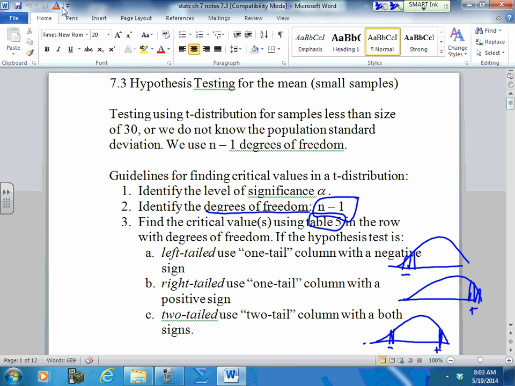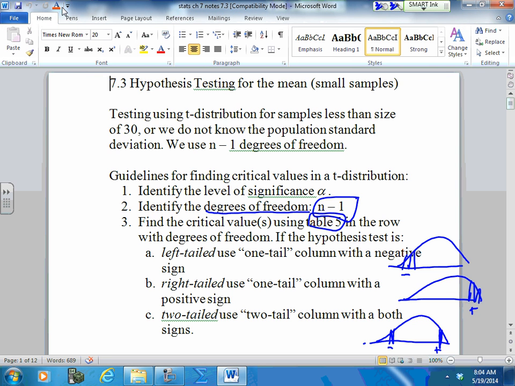Is it more often going to be a right tail test than a left tail? No, there's no more often, but the nice part about it is your table doesn't make you differentiate and divide anything by 2. It just makes it a little bit easier. So we're going to work on finding your critical values. The nice part about your t-test is it works the same way as your z-test does in your calculator.